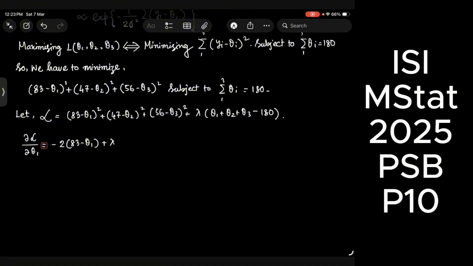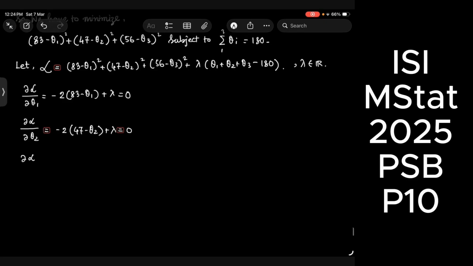Just write it plus lambda, where lambda belongs to R. Did you do it in this way, Shayan?